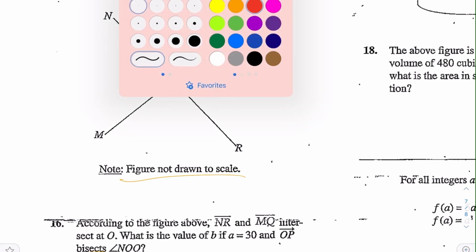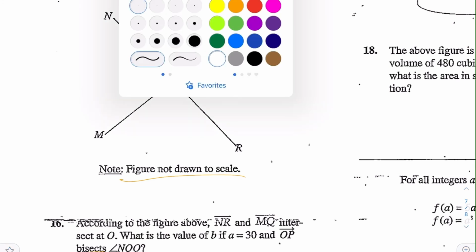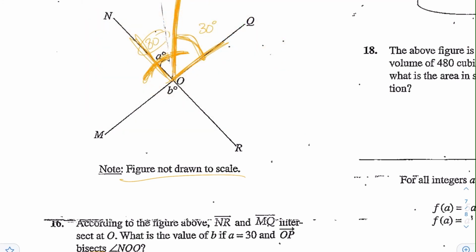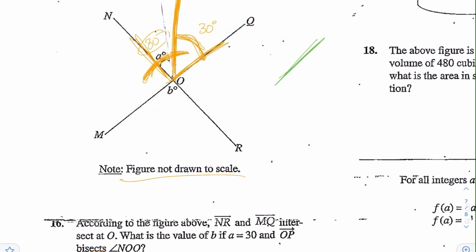And now we have something called an opposite angle. So let's erase this line here. Again, if you want to draw it more to scale, P would be right over here. Now you have what are known as opposite angles. When you have this X formation, or vertical angles, the top angle and the bottom angle, they're going to be equal.